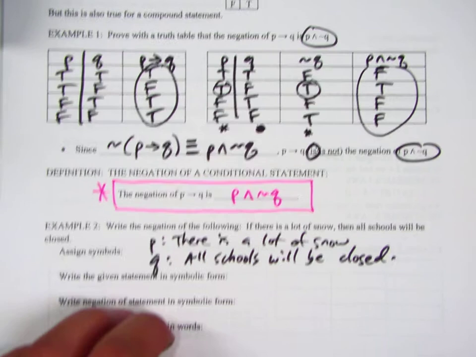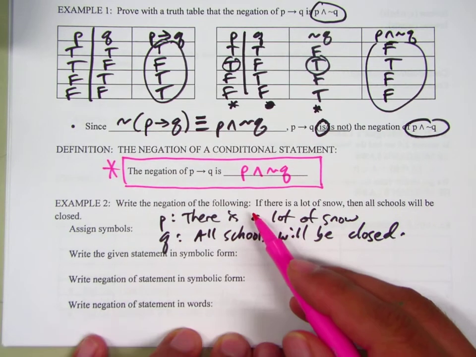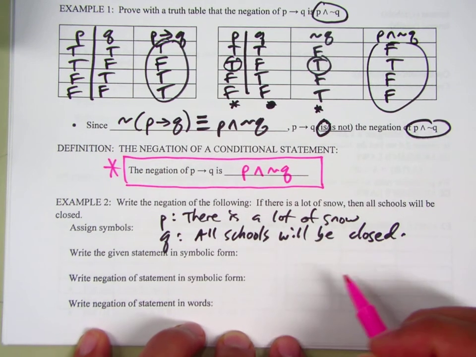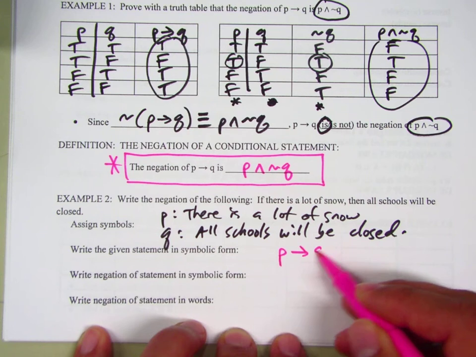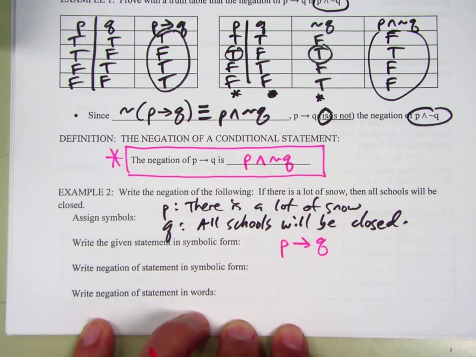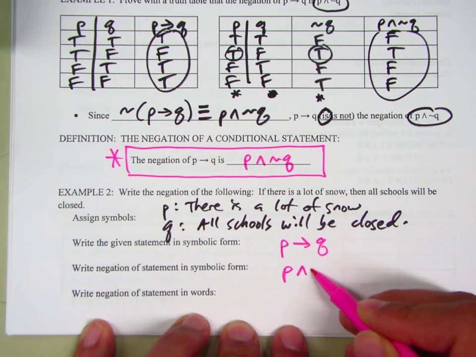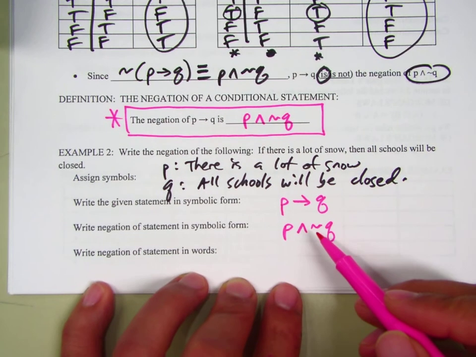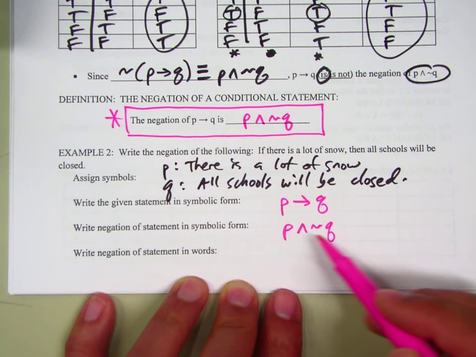Okay? What are the symbols that I would need for this sentence? If there's a lot of snow, then all schools will be closed. How do I translate? If P, then Q. Good. And now what is the negation? P and the negation of Q. Okay? So that's symbolically what it would look like. In words, what does this translate to?